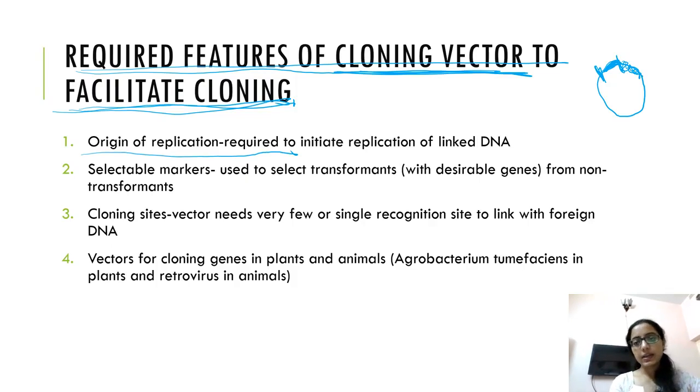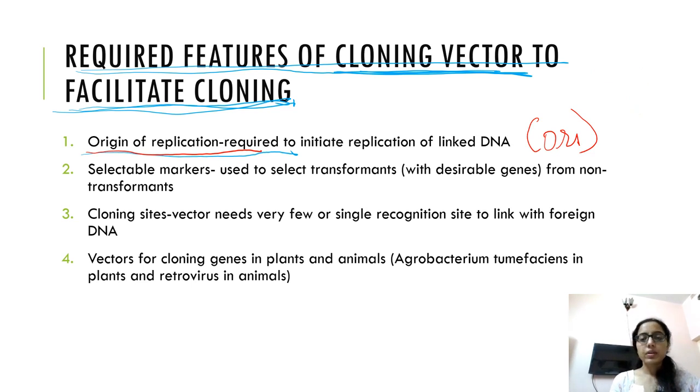If the foreign DNA is entered into this plasmid but it doesn't have this origin of replication site, it will not initiate the replication and it will not increase in number. So the origin of replication, or ORI site, must be there in the vector. Then only our gene of interest will be replicated. So this is the first characteristic.